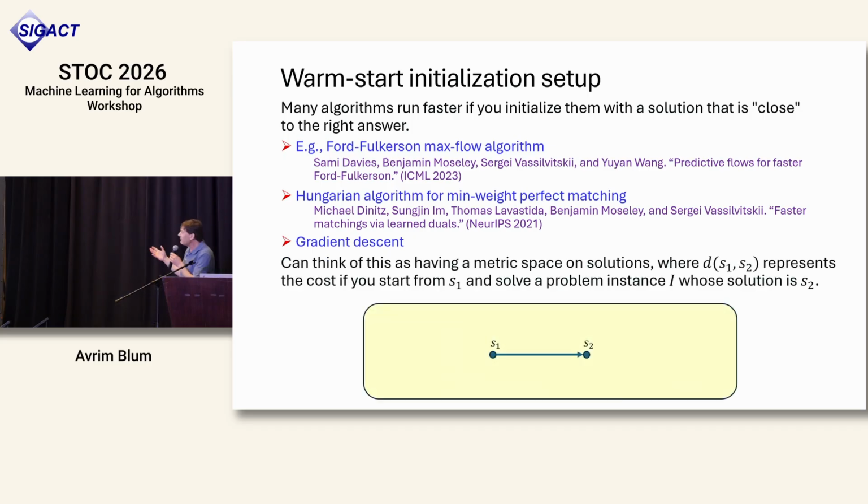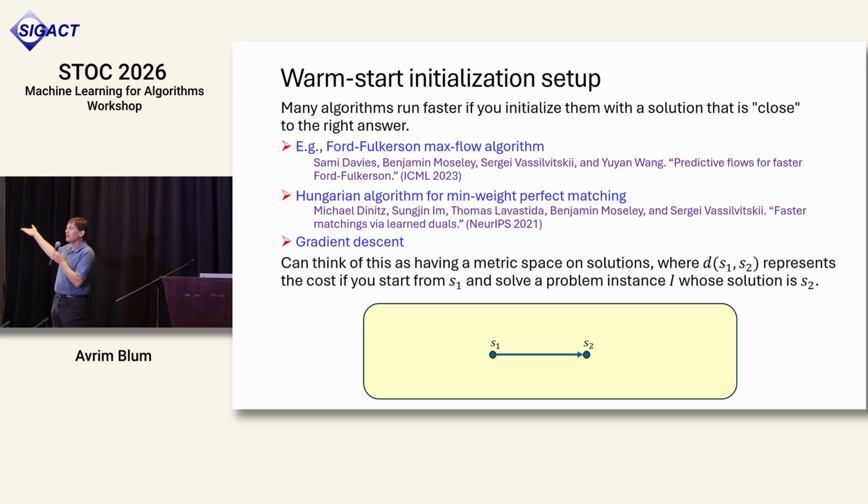We can think of this as having a metric space on solutions, where d(S1, S2), the distance from S1 to S2, represents the cost if you start from S1 as your initial starting point, and you're trying to solve a problem instance where its actual solution is S2. You're hoping its solution is S1, it's actually S2, but if they're close, your algorithm will run more quickly.